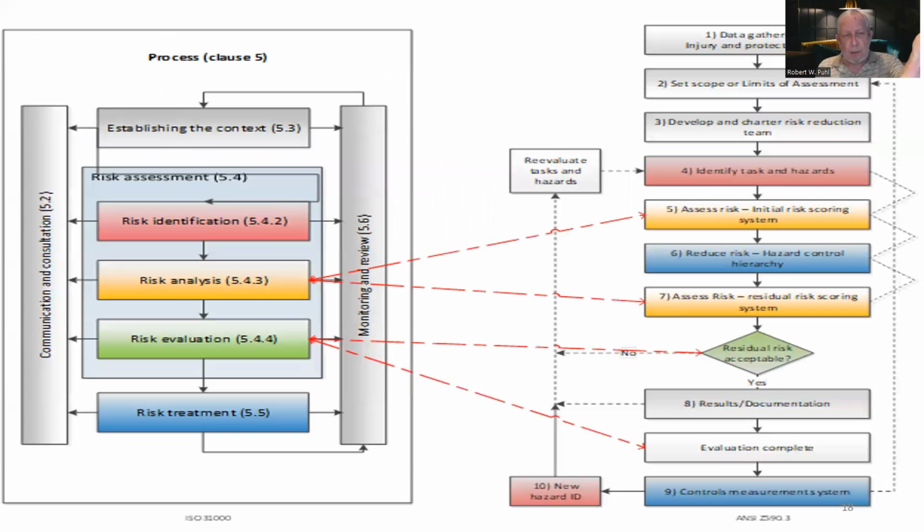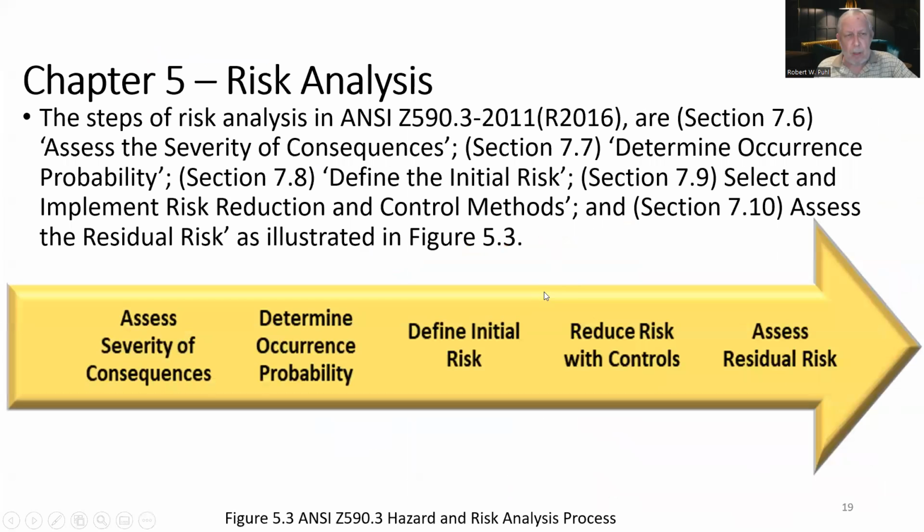So you can see that's one on one side and the other on the other side, and they're pretty similar. If I'm going to read any of this, I'm going to put my specs on. You can see the risk analysis down in the ANSI model, and this is the 31000 model. I don't know why they haven't gotten together and come up with one, but hey, they never want to make things easy on us, do they? You can see how similar they are. You compare them. This is right out of the book.